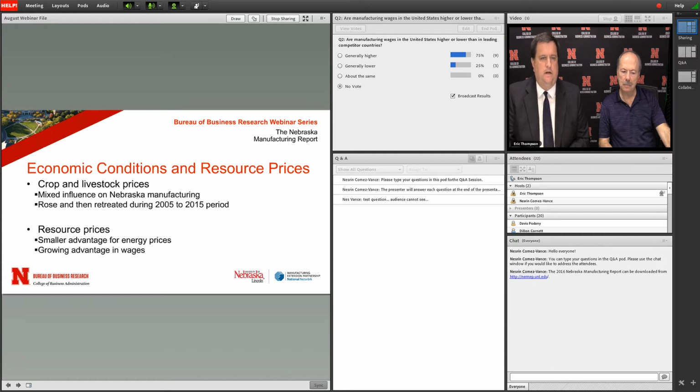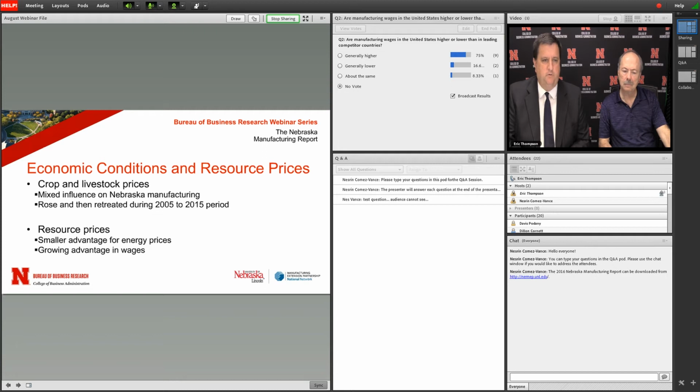And so it certainly is true that crop and livestock prices have a big impact on the Nebraska manufacturing industry. A significant chunk of Nebraska's manufacturing industry is involved in manufacturing inputs to agriculture, combines, irrigation equipment, all sorts of other equipment that farms and ranches use.